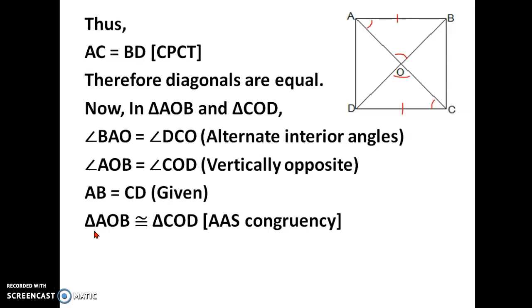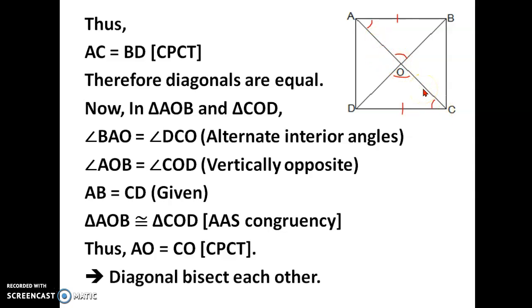So these two triangles are congruent by AAS congruency. So by that we can say that AO is equal to CO. Why? Because corresponding parts of congruent triangles are equal. So these two lines are equal. So that means diagonals bisect each other. So the diagonal will be bisected into two equal halves.